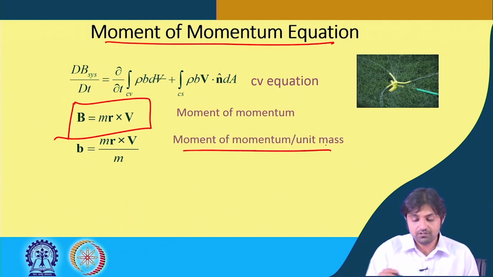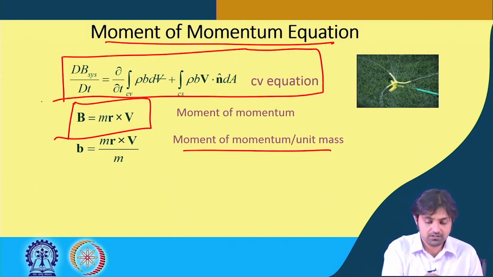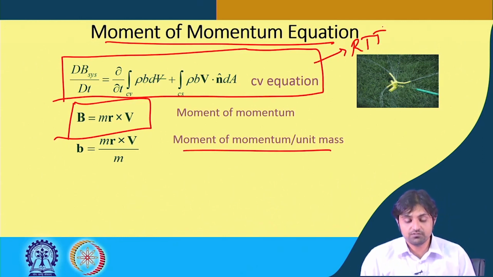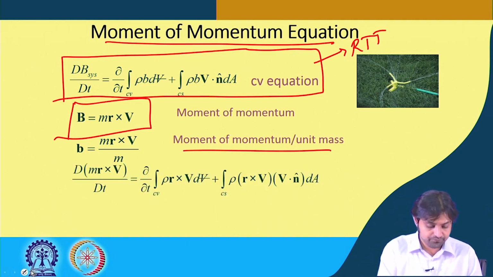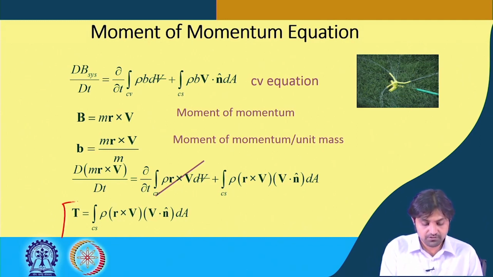So actually the message here is that this equation, the Reynolds transport theorem, can be used to derive any of these conservation principles. So this is going to be 0, but we are not going to detail.